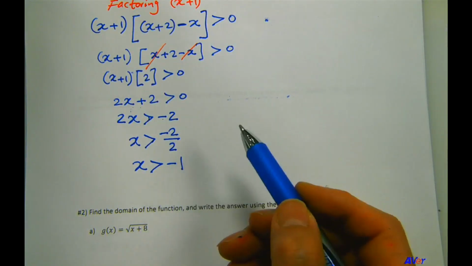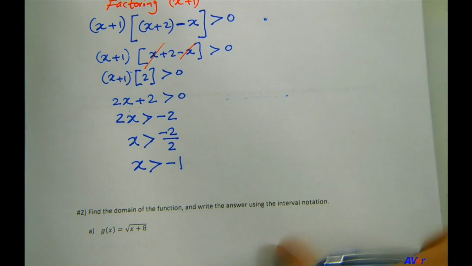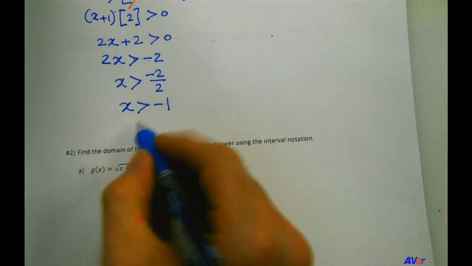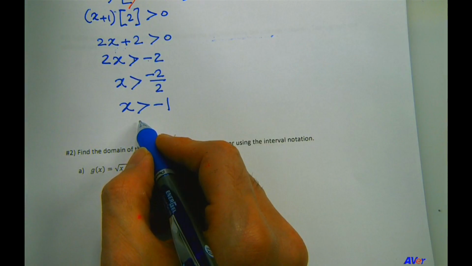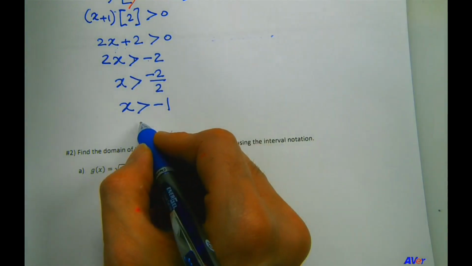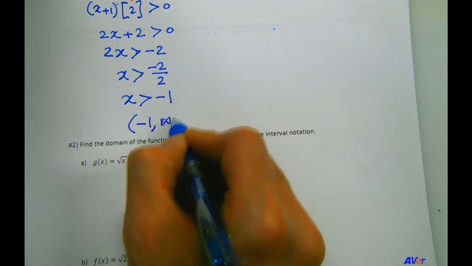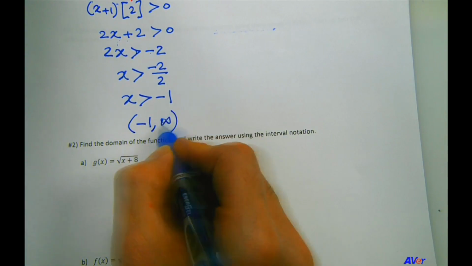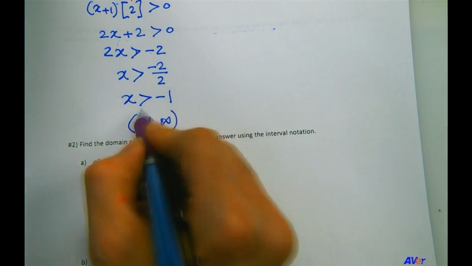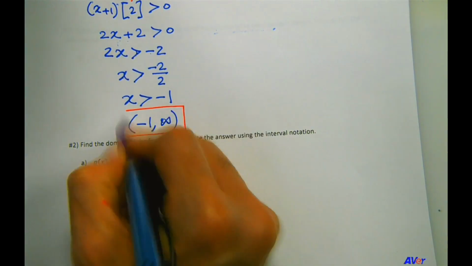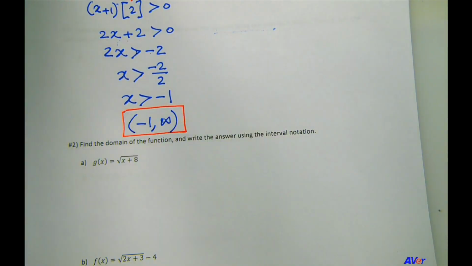How do we show that? We show that by using a parenthesis when we write down our interval notation. So parenthesis, -1, comma, infinity, and the infinity side always gets the parenthesis anyway. So this is our final solution for that.